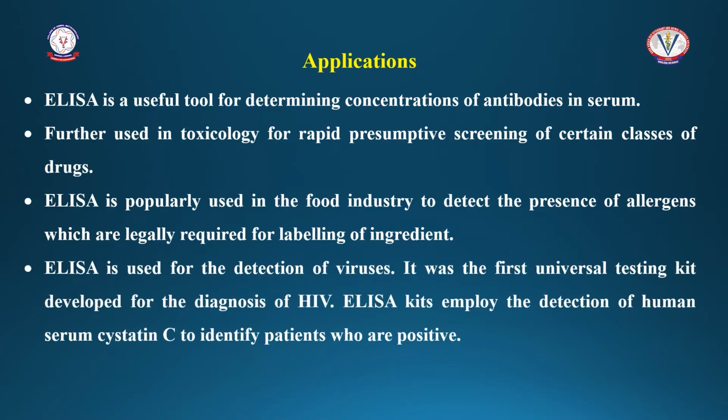ELISA is used for the detection of viruses. It was the first universal testing kit developed for the diagnosis of HIV. ELISA kits employ the detection of human serum cystatin C to identify patients who are positive. ELISA is used in hormone assays.